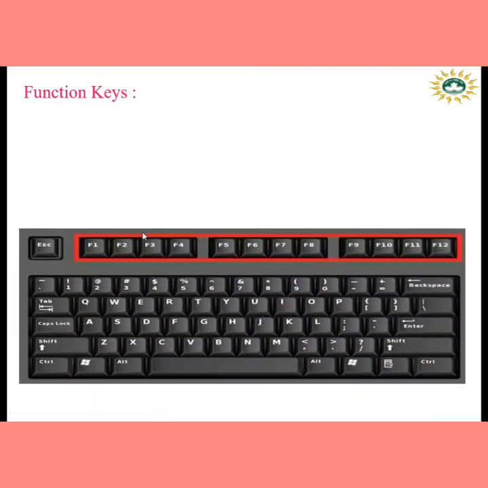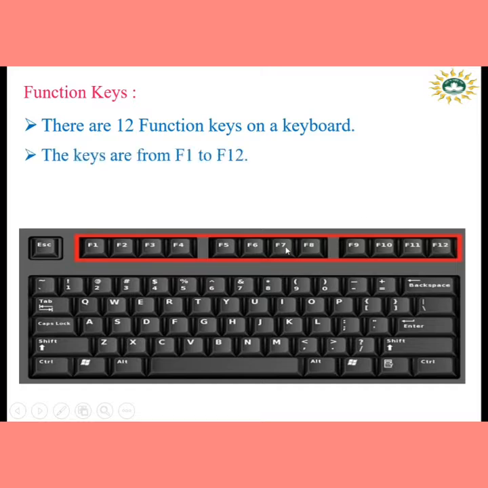So from the video, what have we learned? We have learned that there are 12 function keys on a keyboard. See in the picture, the keys that are covered with this red line, okay? These keys are called function keys. There are 12 function keys from F1, F2 to F12, and each key has its specific use.